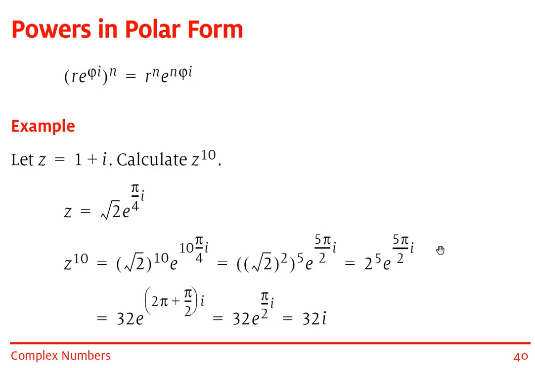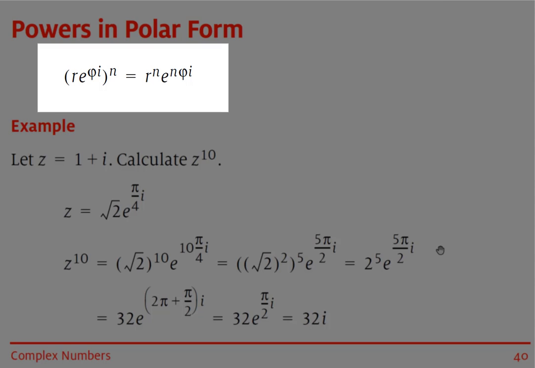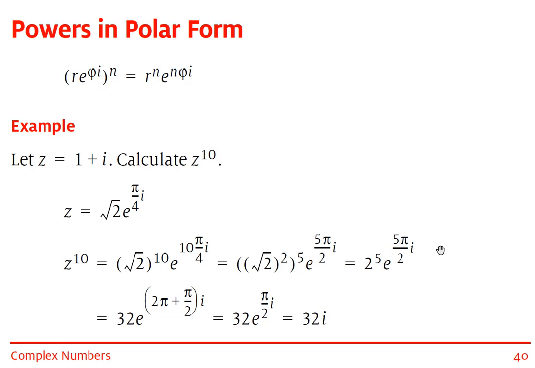The last operation is exponentiation. The number r e to the power of phi i raised to the power of n is r to the power of n times e to the power of n times phi i. So the factor is raised to the power of n and the angle is multiplied with n.